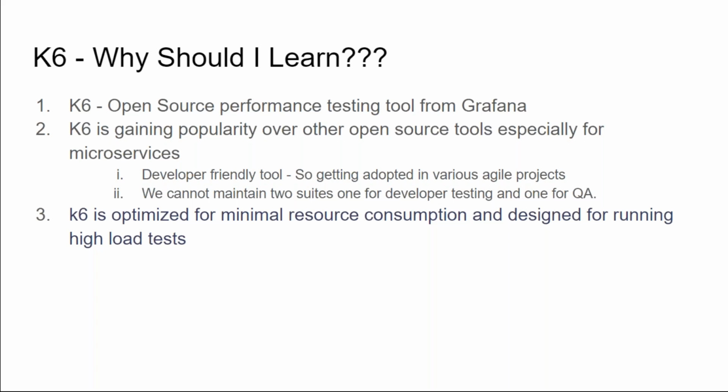K6 has been built very lightweight. When compared to Jmeter or LoadRunner, it can be 3 times better or even 5 times better when it comes to resource consumption.